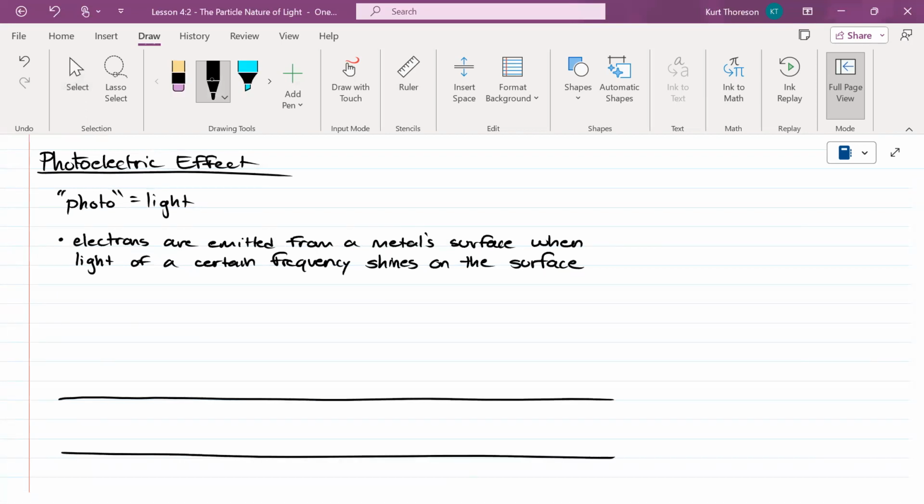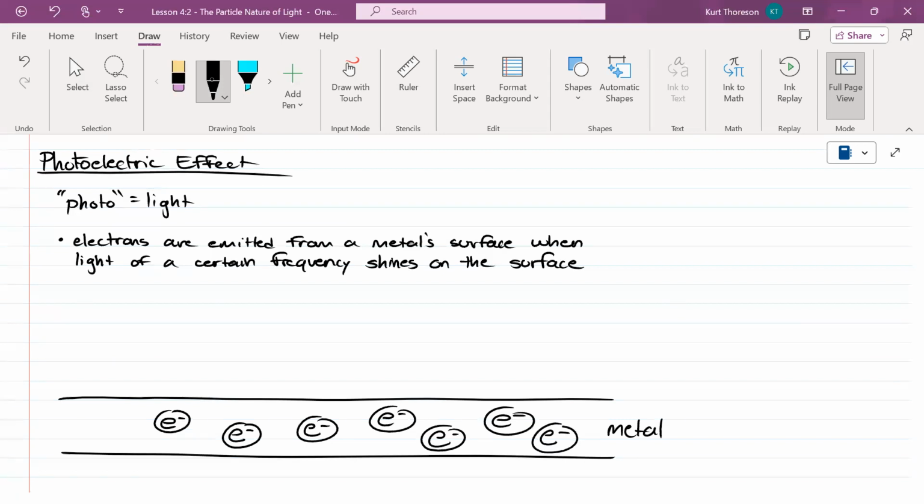So I'm going to give you a little example. This is a metal. Doesn't matter what. And throughout this metal, there are electrons in its atoms. I'm going to draw these really big electrons. Okay? And then here's light.